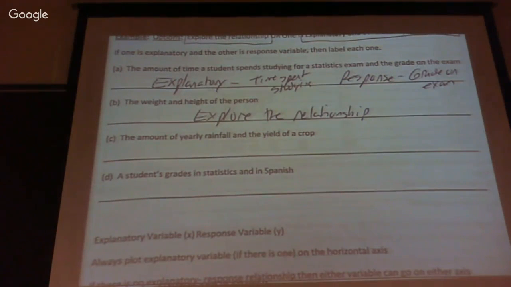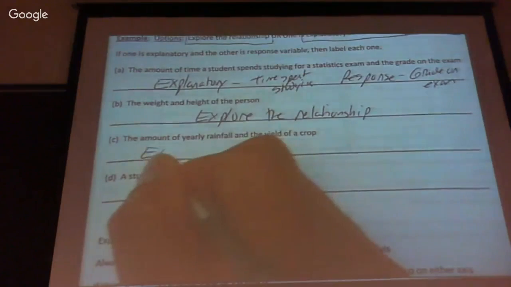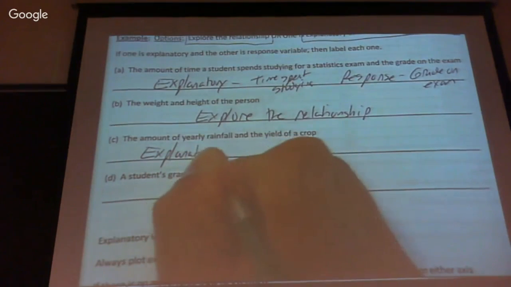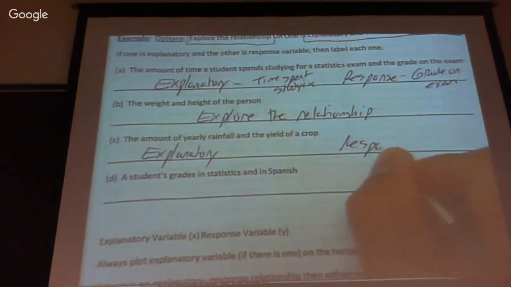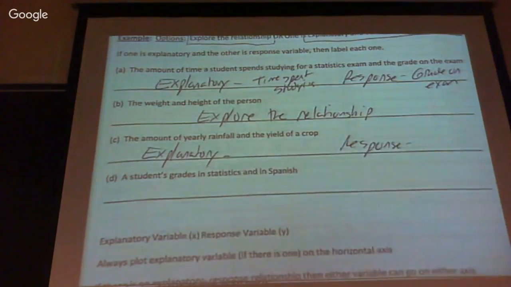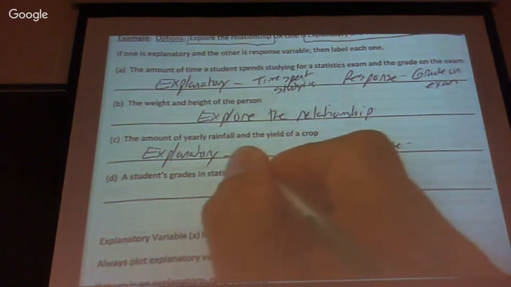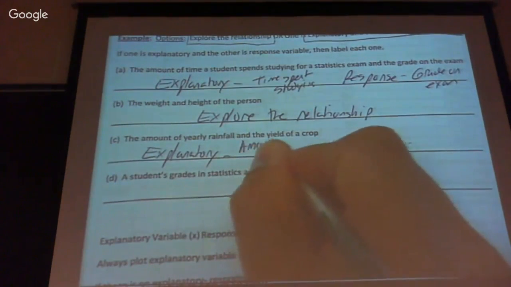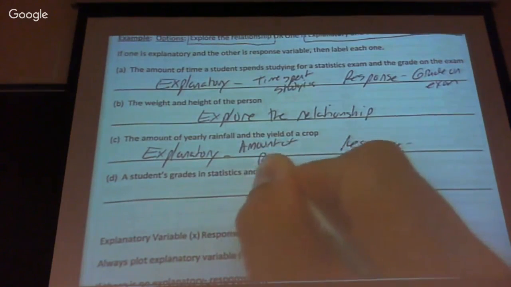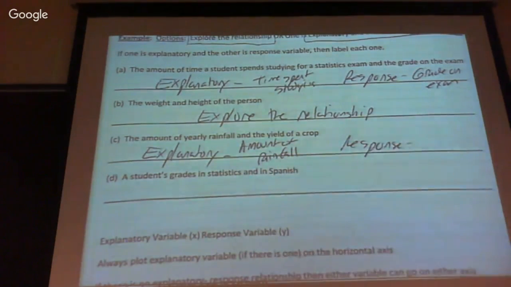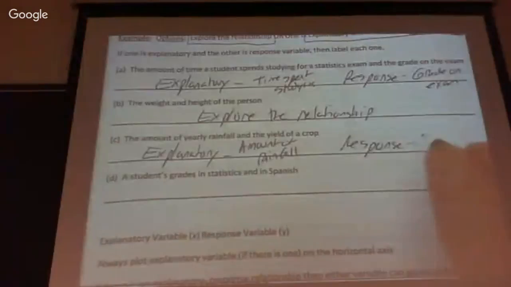The amount of yearly rainfall and yield of a crop, what would that be? That would be explanatory response. Let's see which one's which. Which one would be explanatory? The amount of rainfall. So how much rain you get, that explains input X. What response?